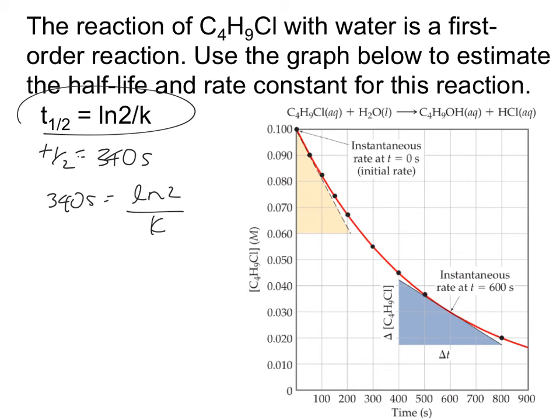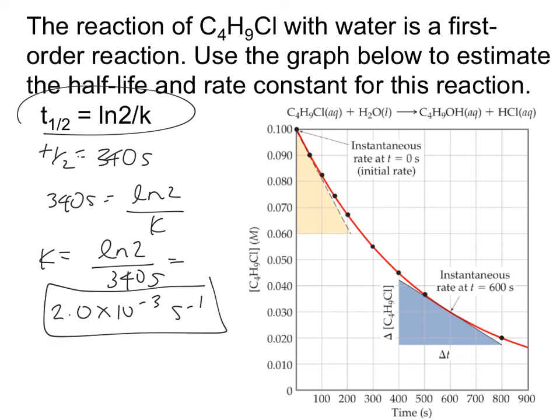We want our rate constant all by itself, so we end up with ln2 divided by 340 seconds. If we plug this into our calculator, this gives us 2.0 times 10 to the negative third inverse seconds, because we're dividing by that seconds unit. And that is our rate constant for this specific reaction.